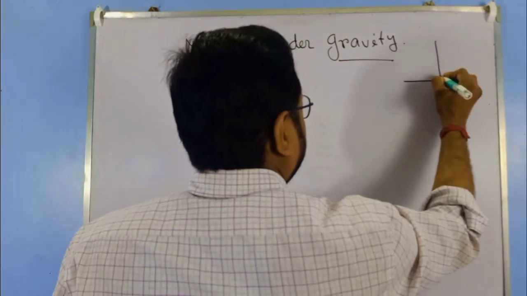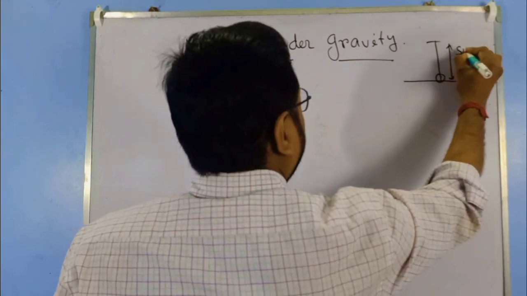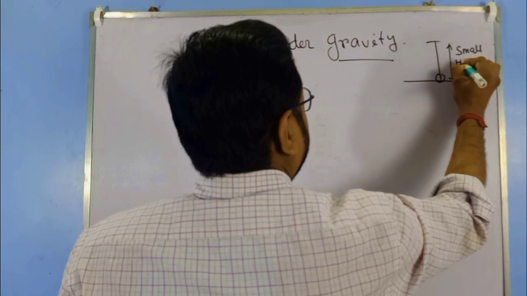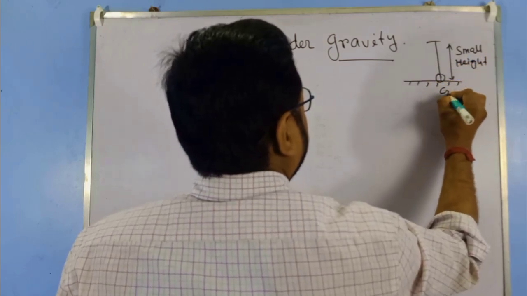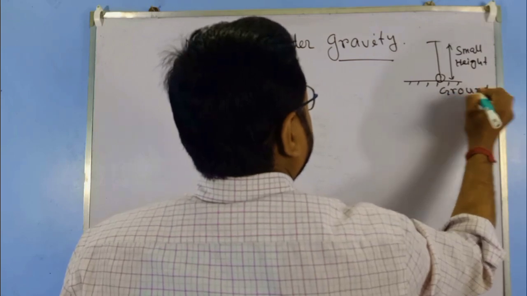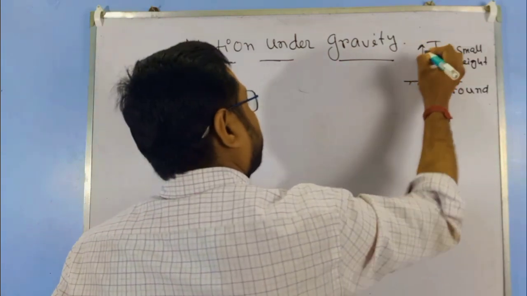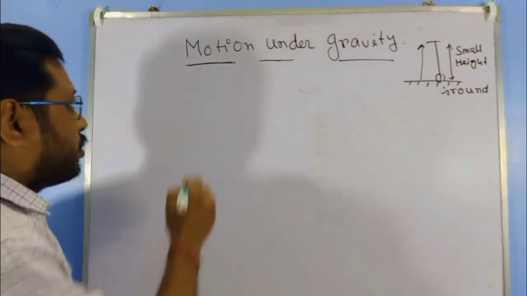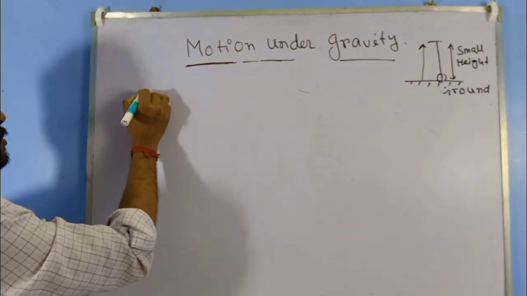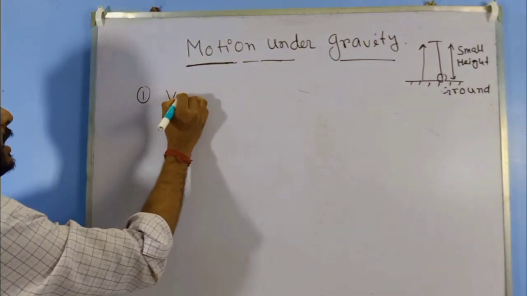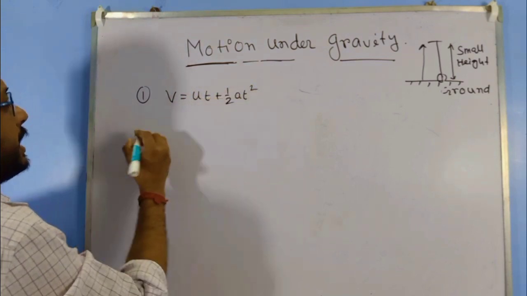Here a particle falls from a small height from the earth surface. If this is the ground or earth surface, then the particle can fall, or the particle can be thrown up from the earth surface. So in general we know the equations of motion: number 1, v equals u plus at.